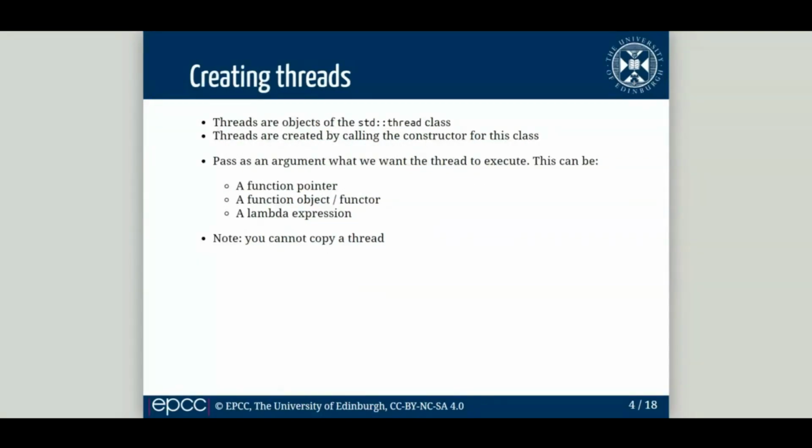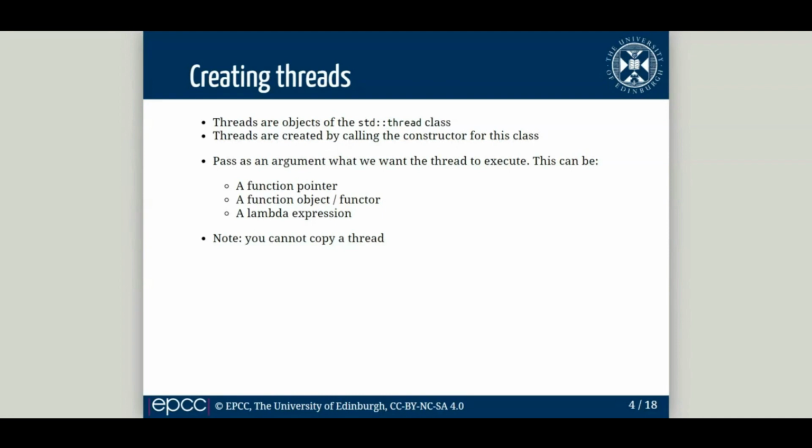So to create a thread, the idea is that you have your code, you are in the main function or in any other function, and when you create an object of the class std::thread, you will create a thread that will execute in parallel with the main thread, that is the program of the process that creates the thread.